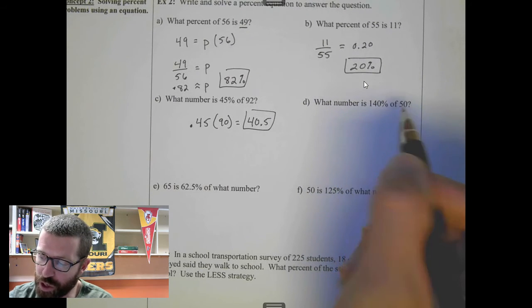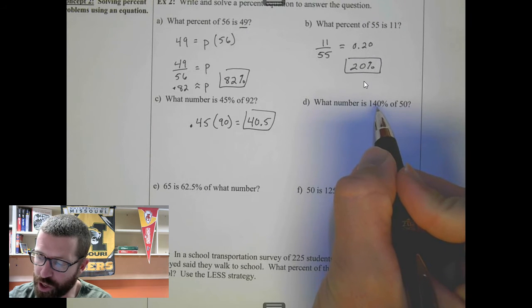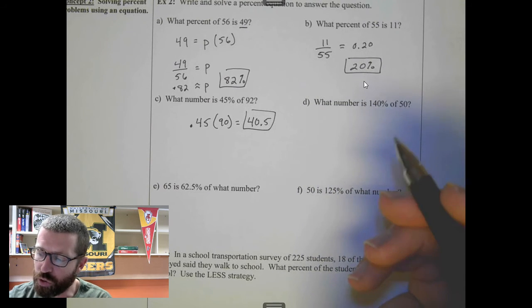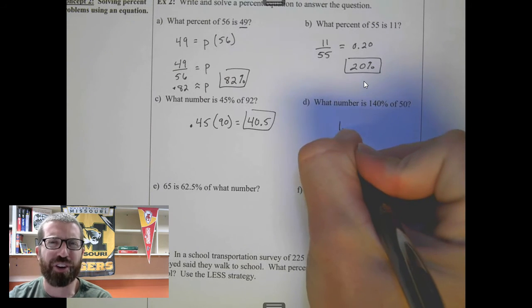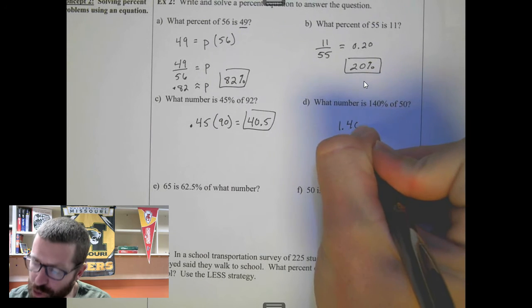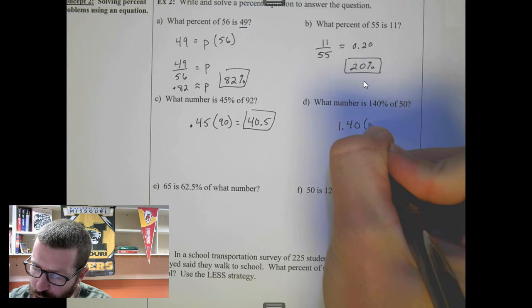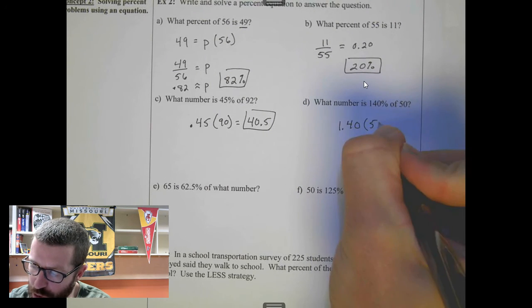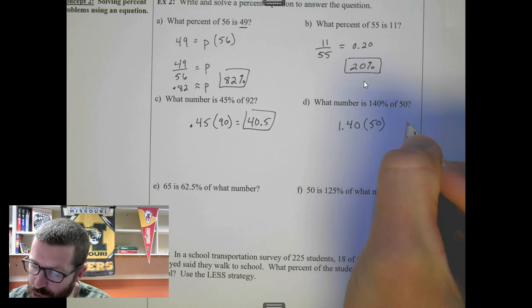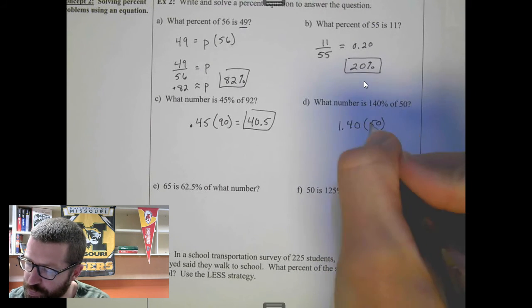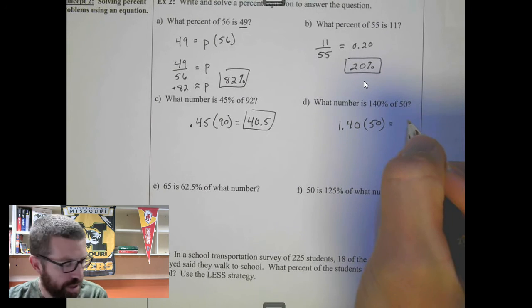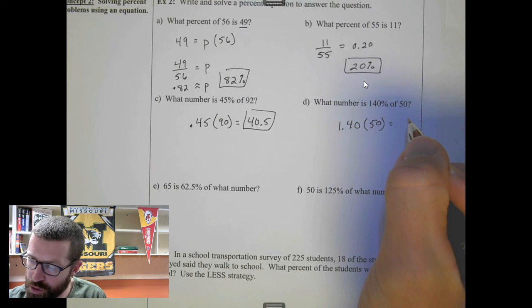And then this says, what number is 140% of 50? So the 140%, anything over 100 is kind of tricky, but as a decimal, 1.4 is how you write that. We'll keep the 40, and then times 50. And then just multiply those.